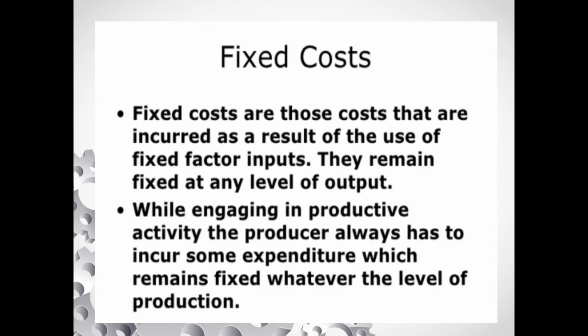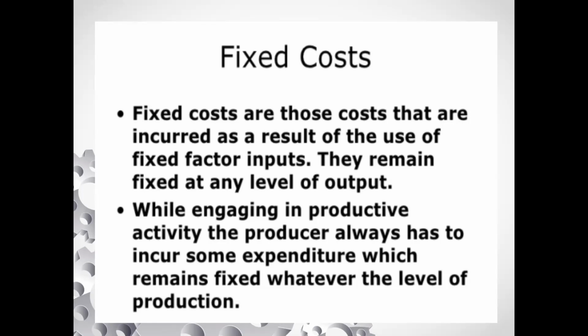I would like to say that when we are running a company, there are basically two types of cost: the fixed cost and the variable cost. Fixed cost will be fixed. It won't change month to month.